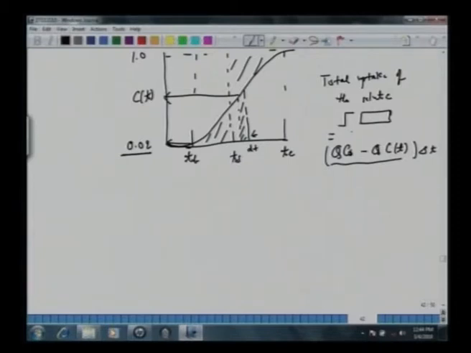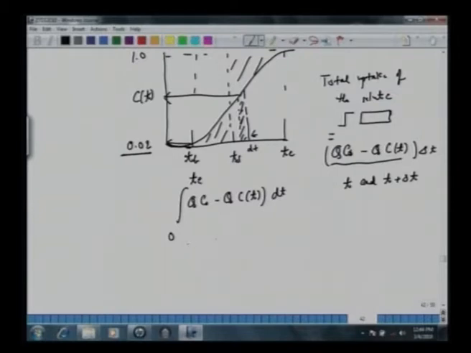So what happens to this area? This area is the amount adsorbed between T and T plus dt, in minus out. That difference gives us how much has been adsorbed between T and T plus del T. If we integrate this, the total amount adsorbed would be Q C0 minus Q C(t), dt, from 0 to this Te.